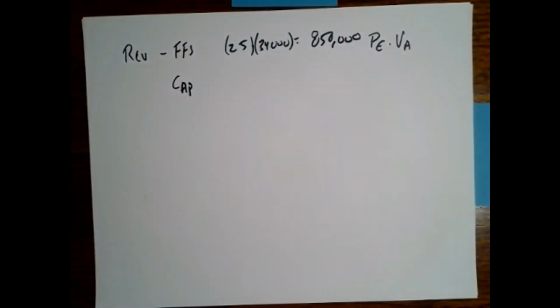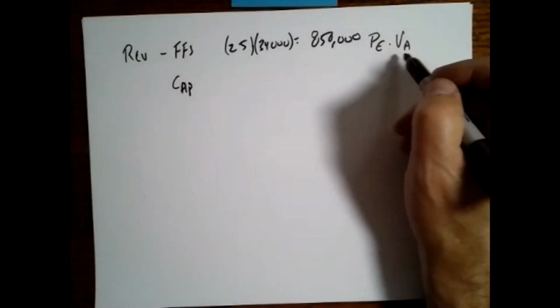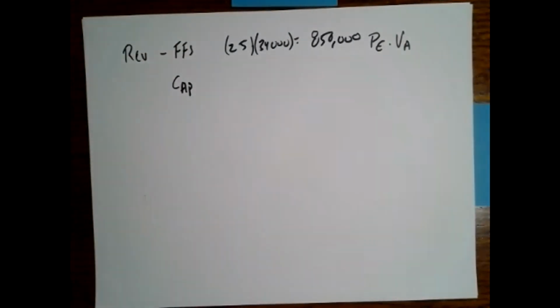Next, we want to know what our capitated flex revenue is. So again, we want our expected price times our actual volume. Our expected price in this case is going to be PMPM, per member per month.